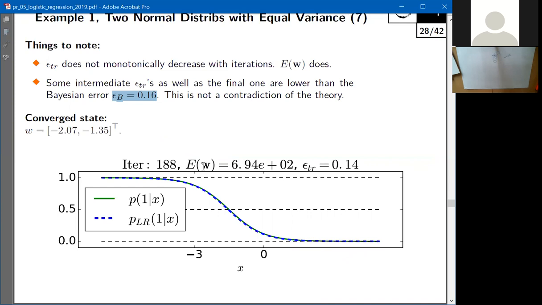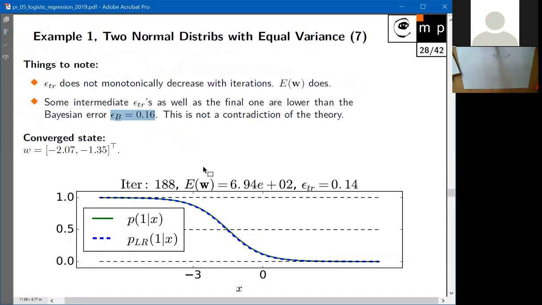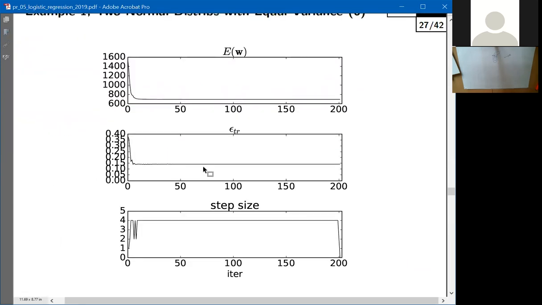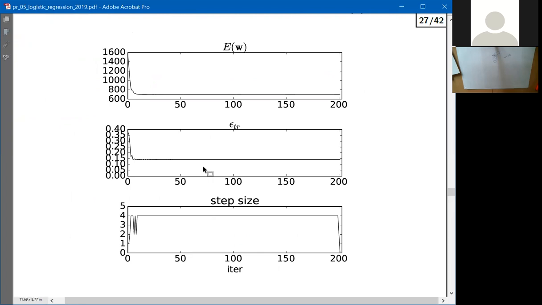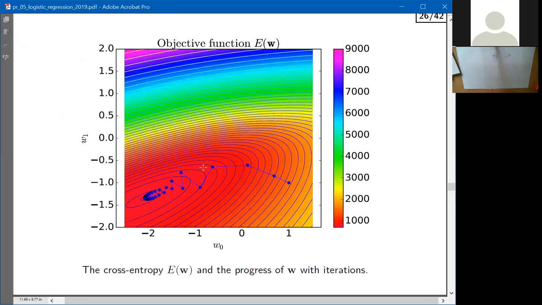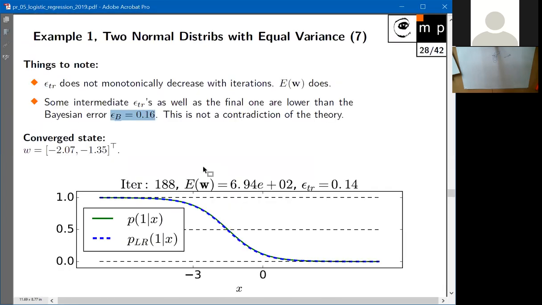In practice here, no, because for this case in 1D, the logistic regression is a monotonic function, so it's actually looking for a threshold.